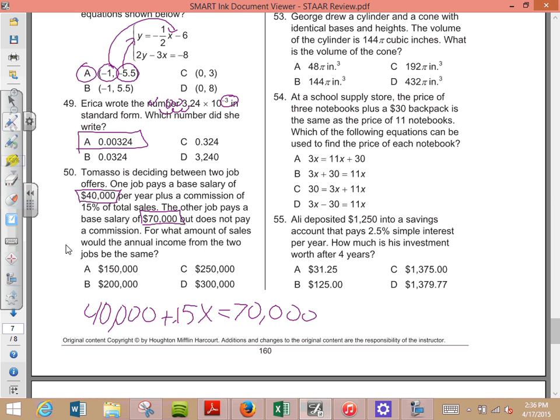I don't know what it is, because I didn't do it. Did I do it? Why not? I didn't do it that way, Mom. Well, it has to equal 70,000, right? So we don't know the sales. That means that's your x. Subtract. I've got 4 minutes. Hang on.